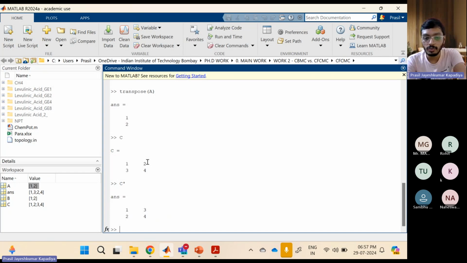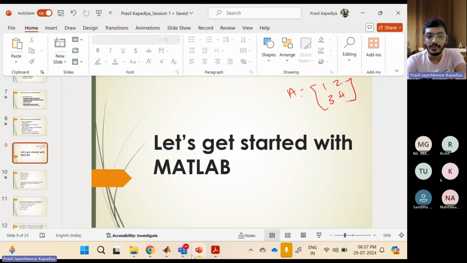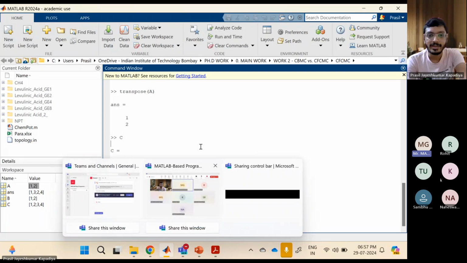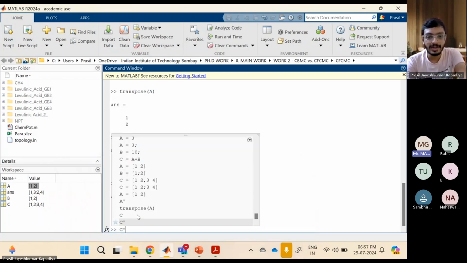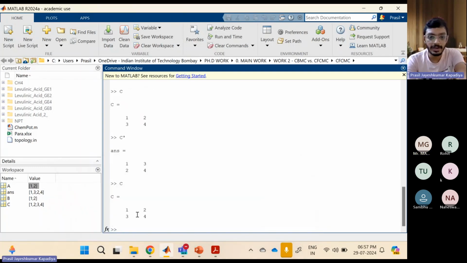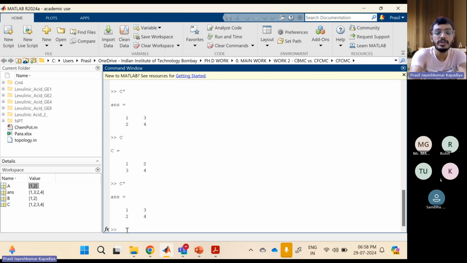This is my C matrix, 1, 2, 3, 4. What will I get by transposing matrix C? In the first column we will have 1, 2, and in the second column 3, 4.